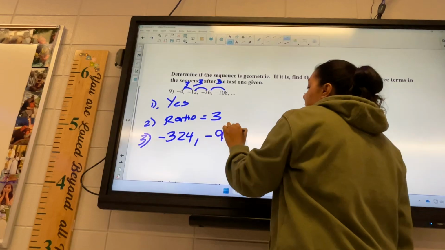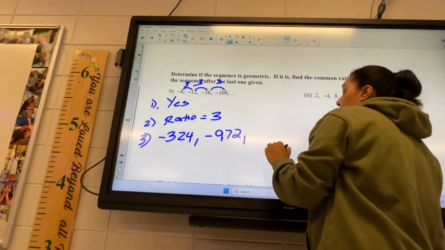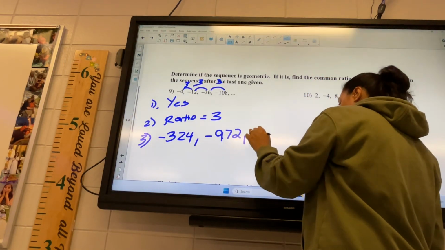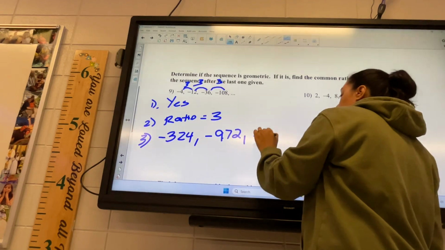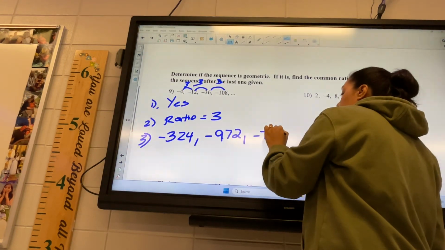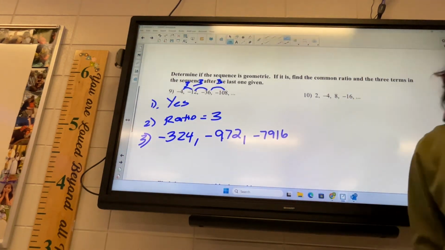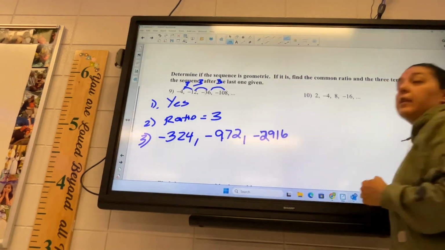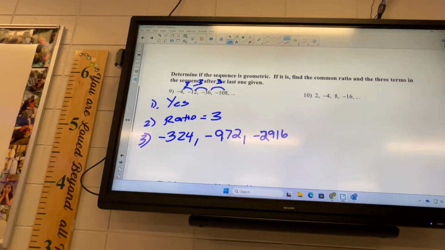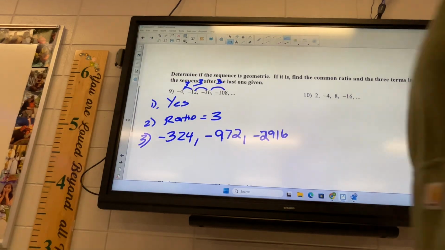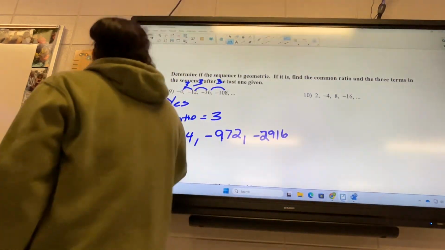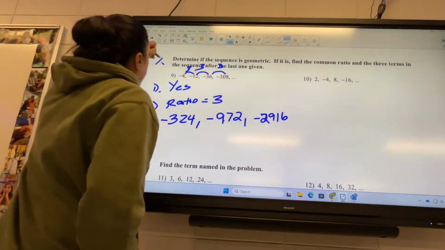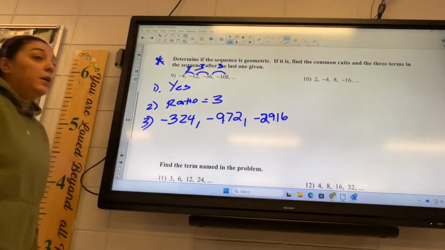And then you're going to take that times 3. 2916. Okay, so these ones have 3 parts.